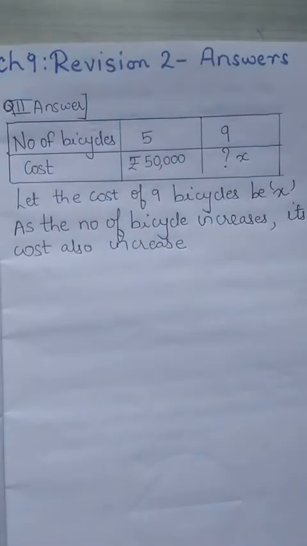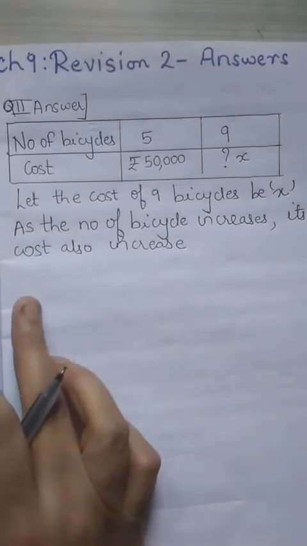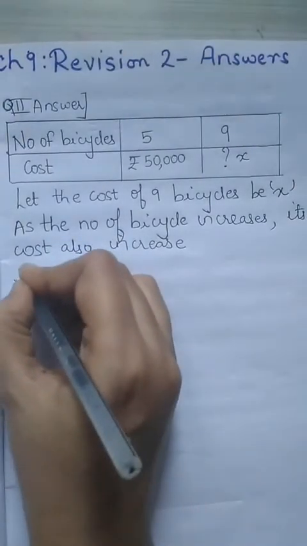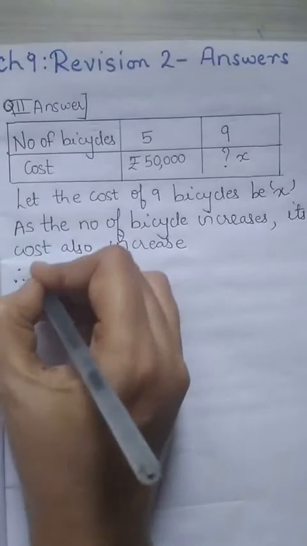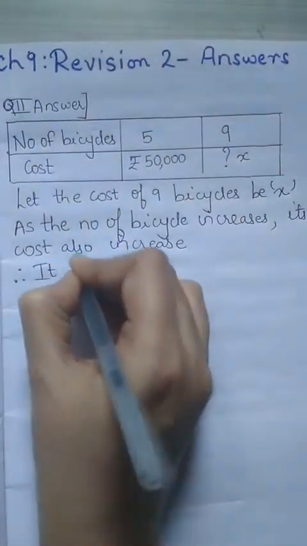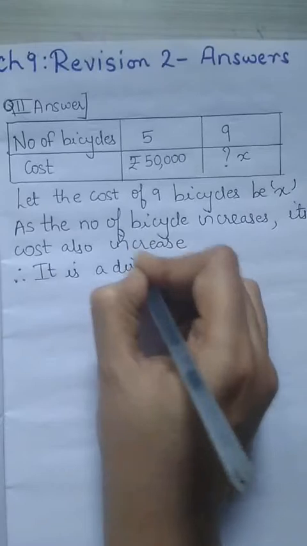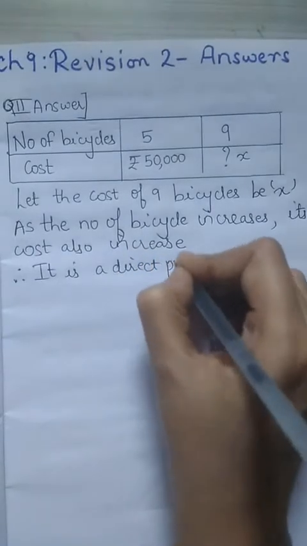Correct? Now, what type of proportion is this then? Both are increasing. One quantity increases, the other also increases. Yes, it is a direct proportion. Direct proportion.